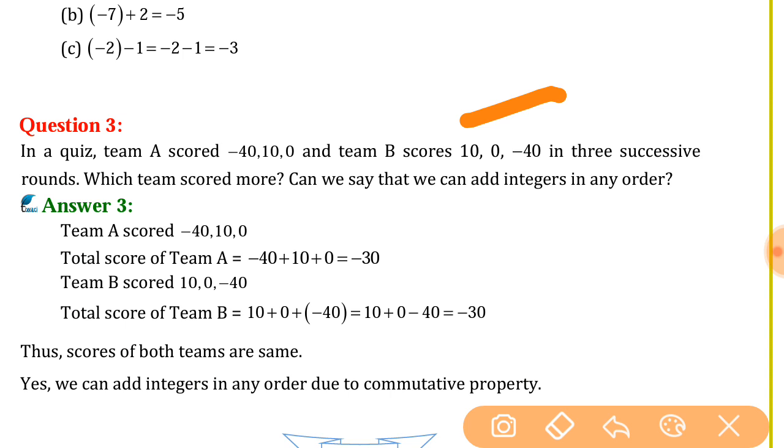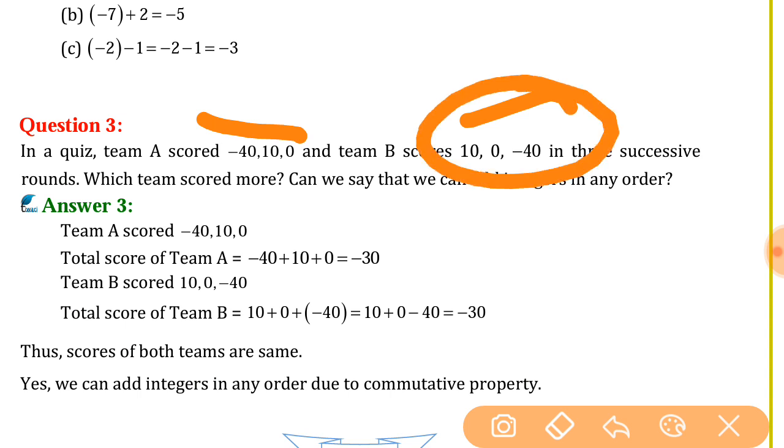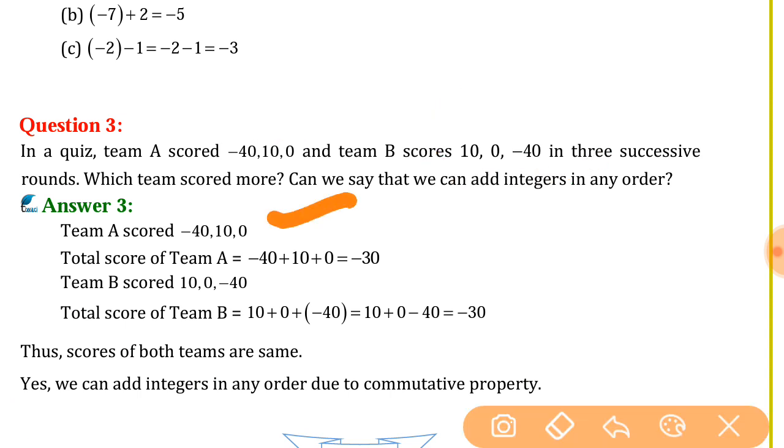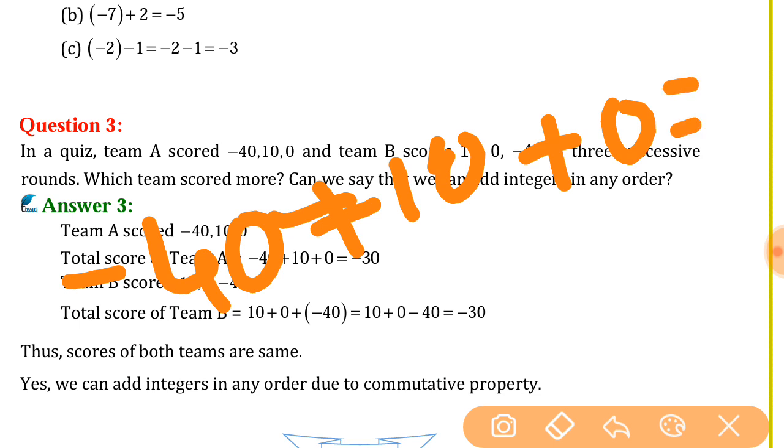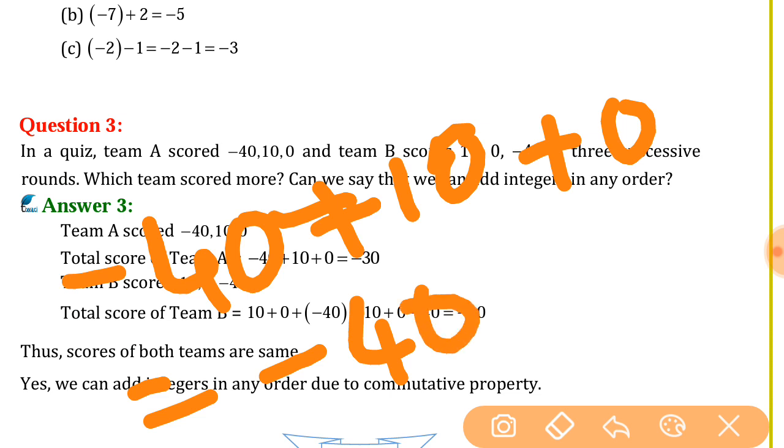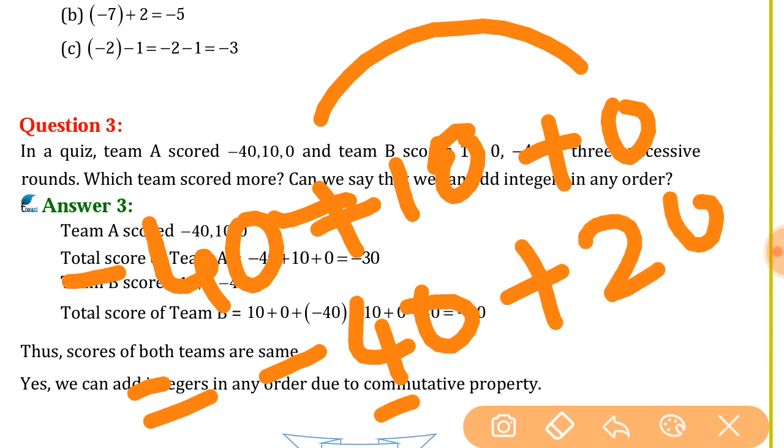So first of all we have to add the scores of A and B separately. Team A scores minus 40, 10, 0. Total score of A is minus 40 plus 10 plus 0, which gives minus 30. See, minus 40 we keep as it is, because the other two are positive, so add the positives first.